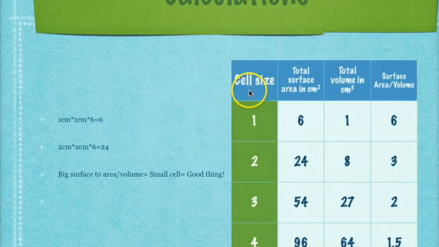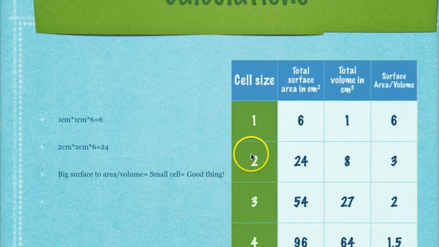We're going to assume that they're cubes, so it's going to be a 1 by 1 centimeter cube. And how we got this total surface area is simply by saying 1 multiplied by 1 multiplied by 6, because we do have 6 sides on a cube, which is equal to 6.